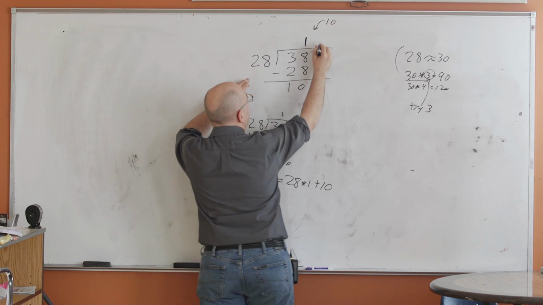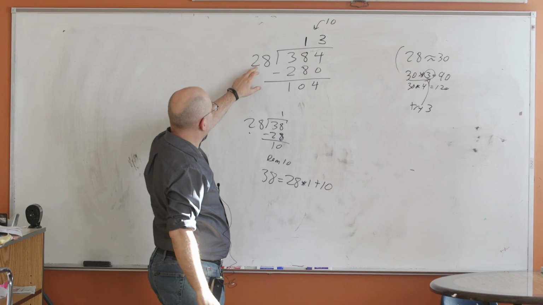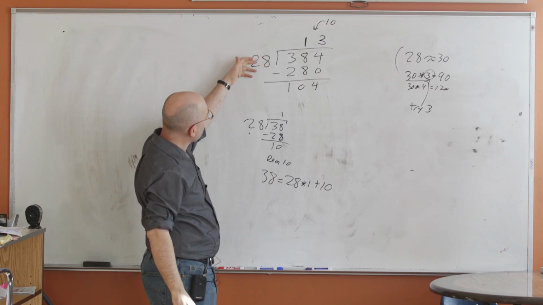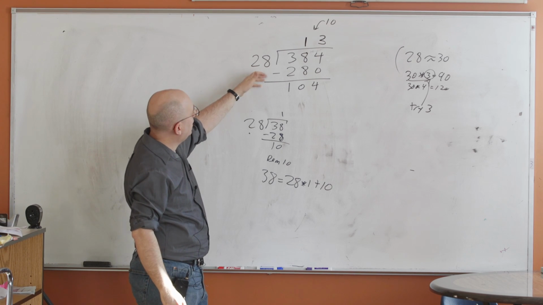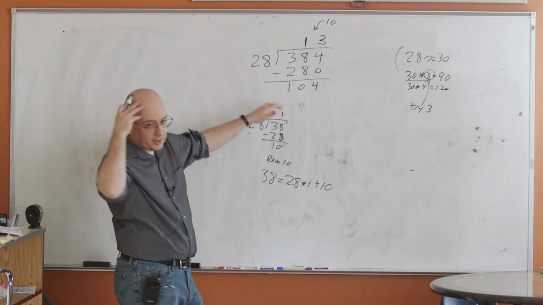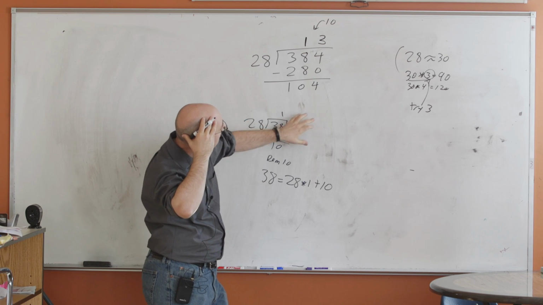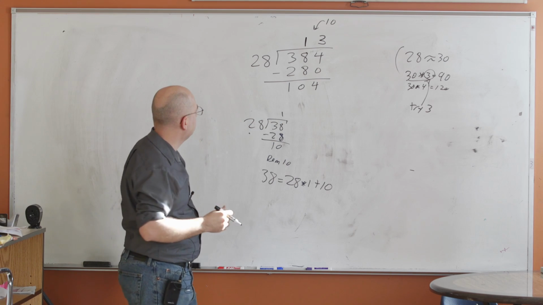So I try a 3 here, and one thing to help orient yourself is to have it in mind that it's around 90, and so you would expect something like 90 being down here.